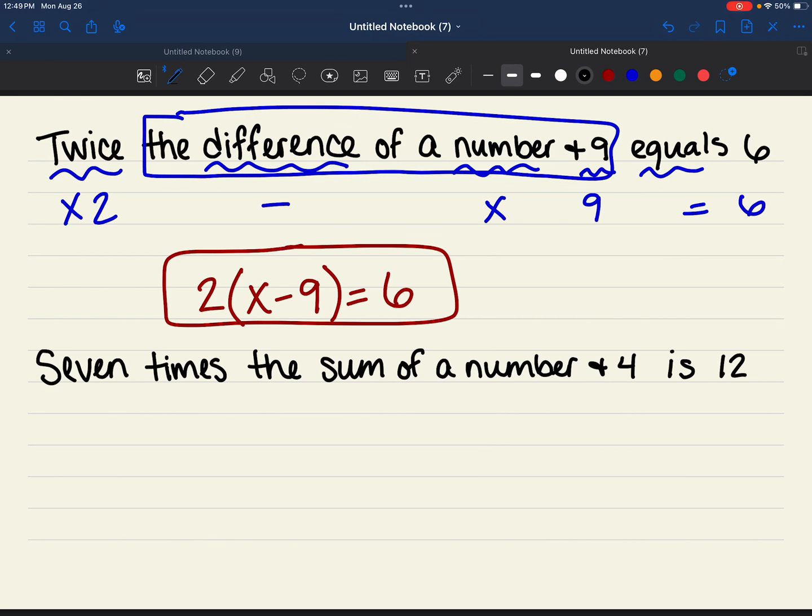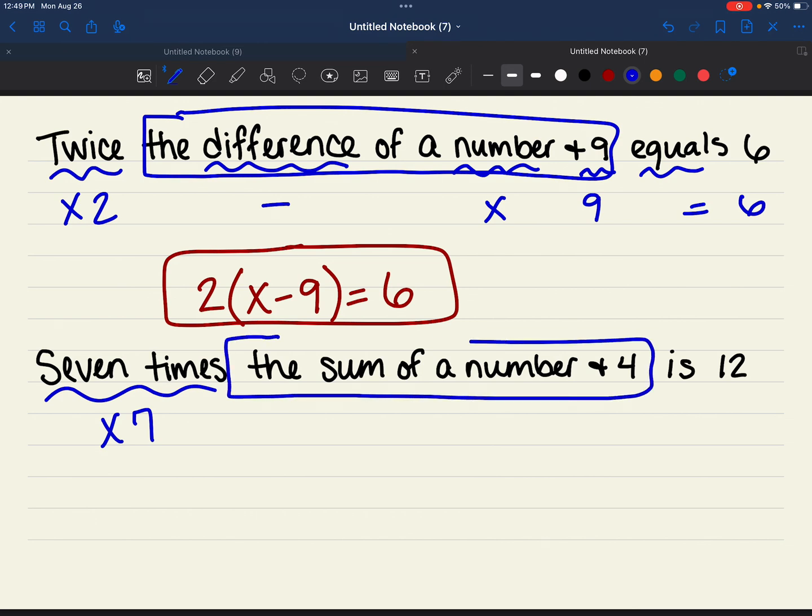Now, this one reads essentially the same way, right? What's the first part that we see? So we're multiplying 7 times 7, right? And then we have that same thing we just had last time. We're multiplying it by the sum of a number and 4. So I really should start with that. How do I show the sum of a number and 4? X plus 4.